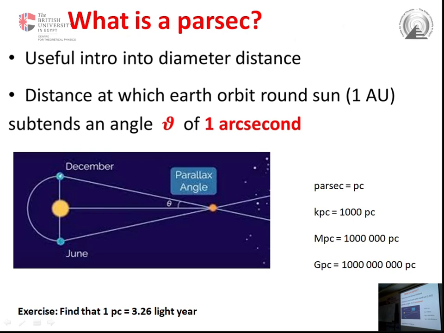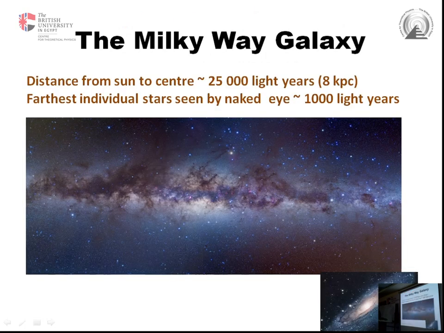So this parsec is tiny in cosmological terms, but it's actually huge. It's how far you go for needing a big telescope, really big, in fact, to see the orbit of the Earth.